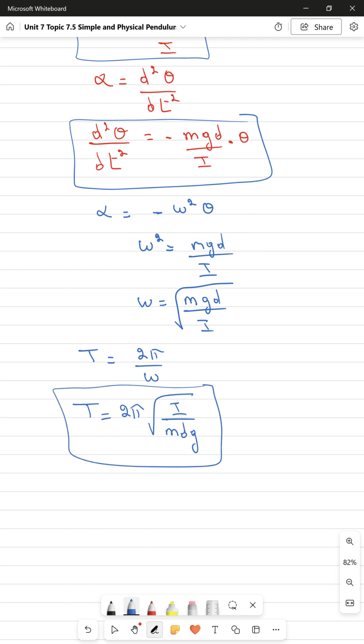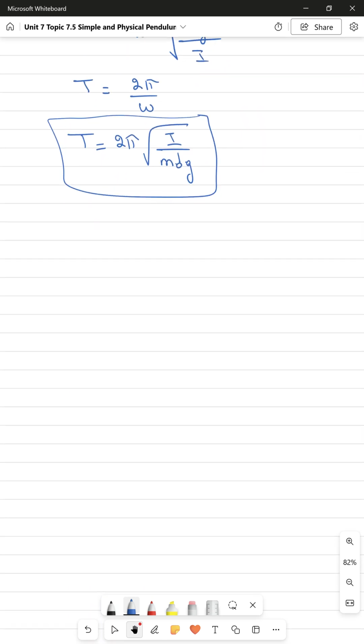So again, the derivation is just the same as we did before for the pendulum and for the spring.